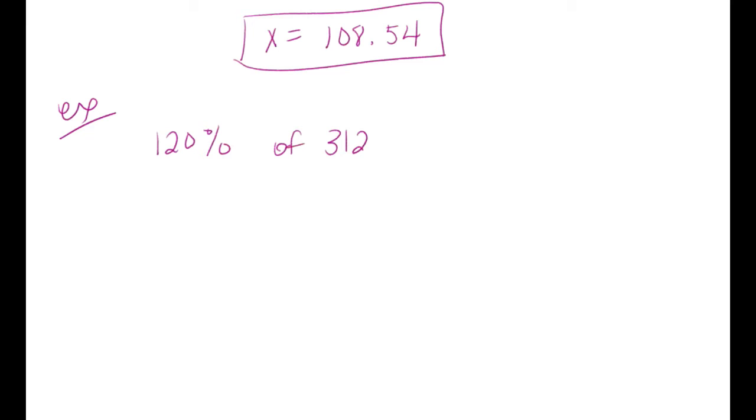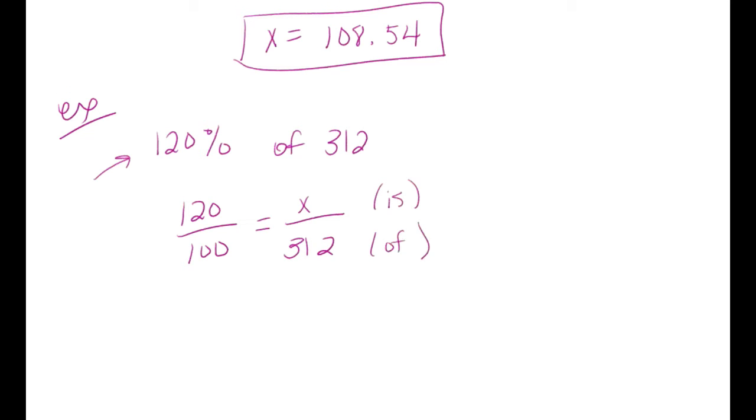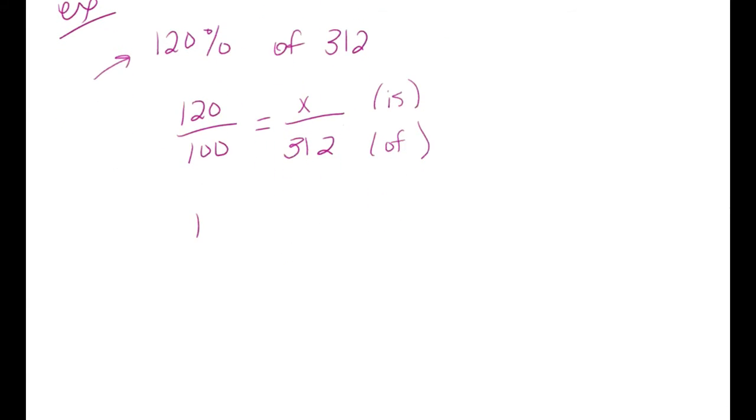Again, typically our percents are going to be less than 100, but even if they're not, we still put them on top. So 120 over 100 is, we don't know what that is, of 312. Again, this is is over of. And then we're going to cross multiply.